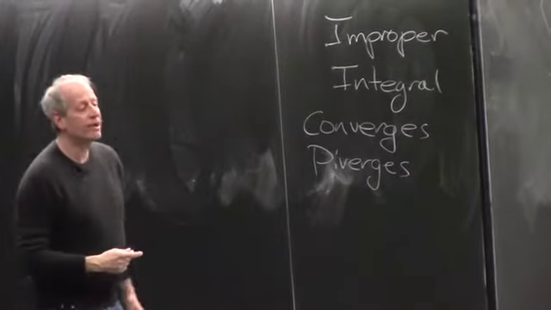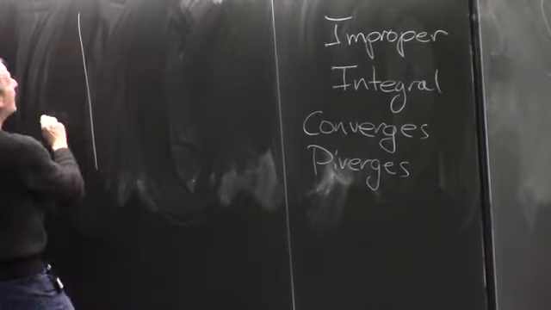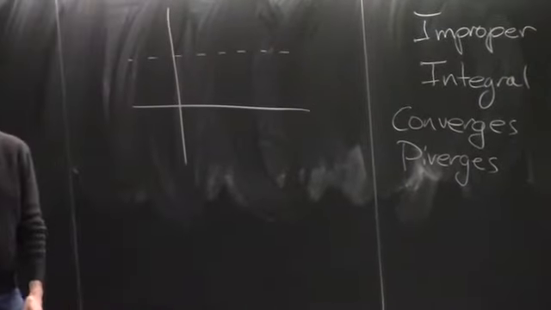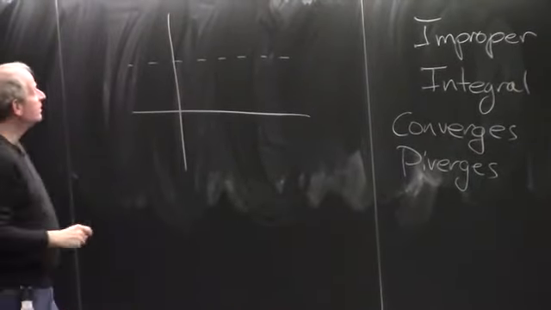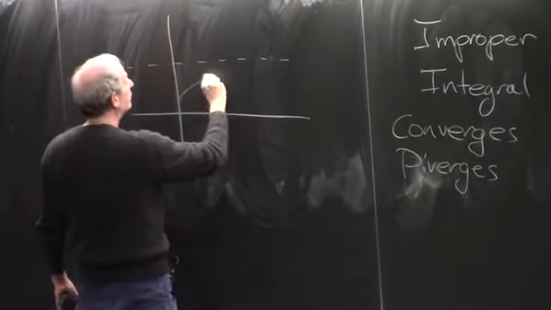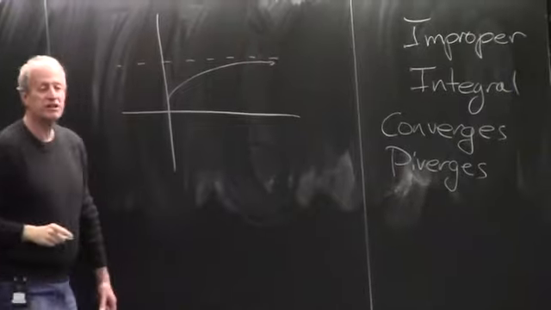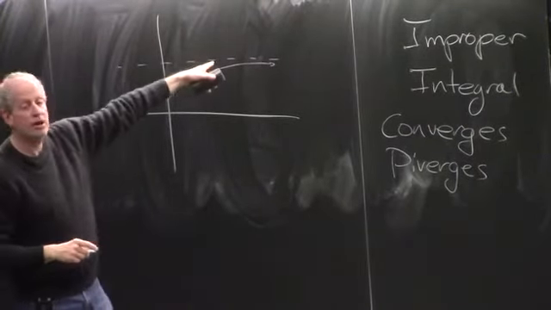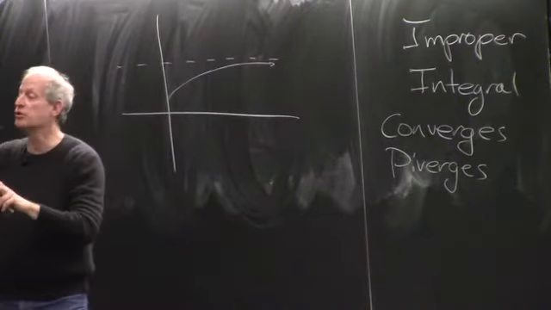So one way to think about converging is if you imagine some horizontal asymptote somewhere. It means that when you calculate the area, as the top gets bigger and bigger, it approaches a horizontal asymptote, but it doesn't get above that horizontal asymptote. That number, that asymptote, is what it converges to.